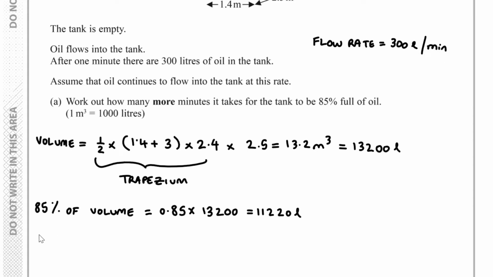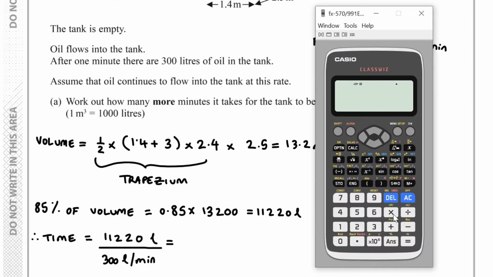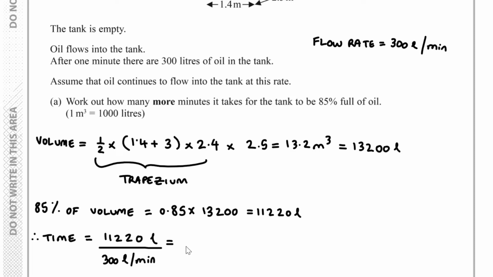So therefore, to find out the time, this is equal to 11220 liters divided by 300 liters per minute. So if I divide this 11220 by 300, we get 37.4 minutes.